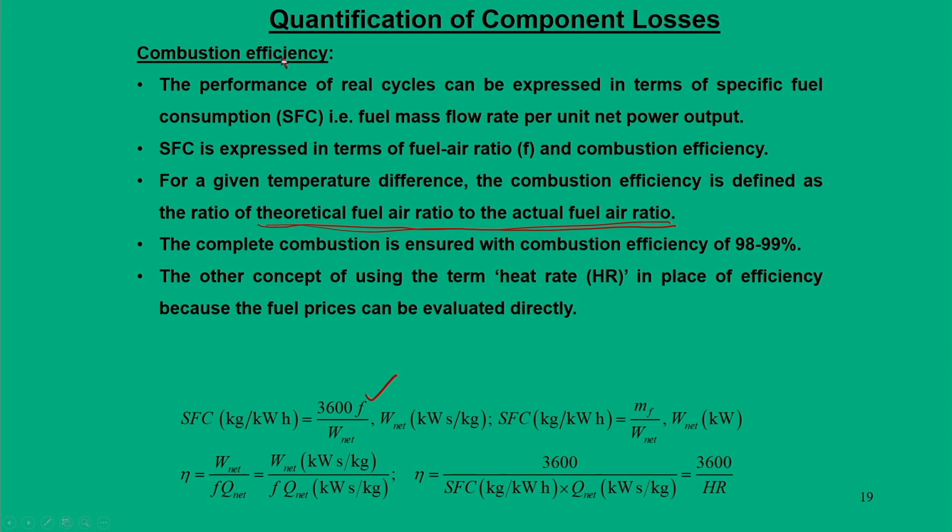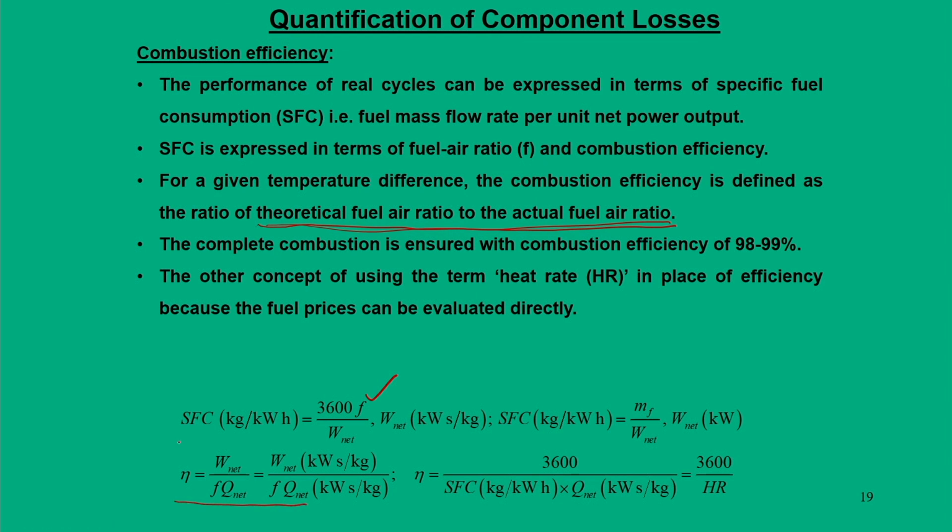So, based on that, one can define this combustion efficiency in terms of net work that is produced and how much fuel we are going to consume in terms of fuel air ratio from its calorific value. So, Q net fuel from its calorific value. So, the total cycle efficiency can also be represented in this manner.